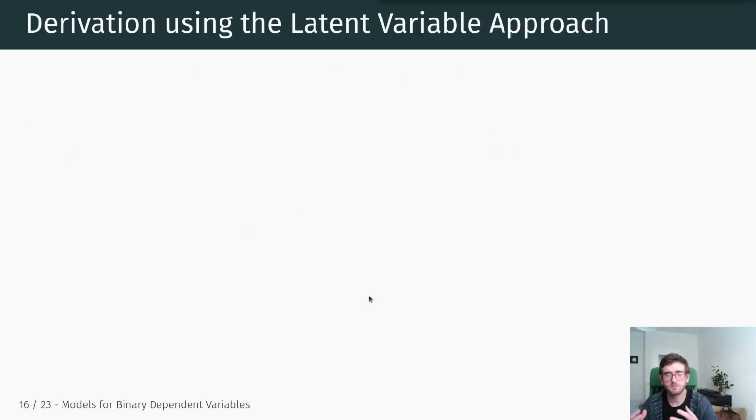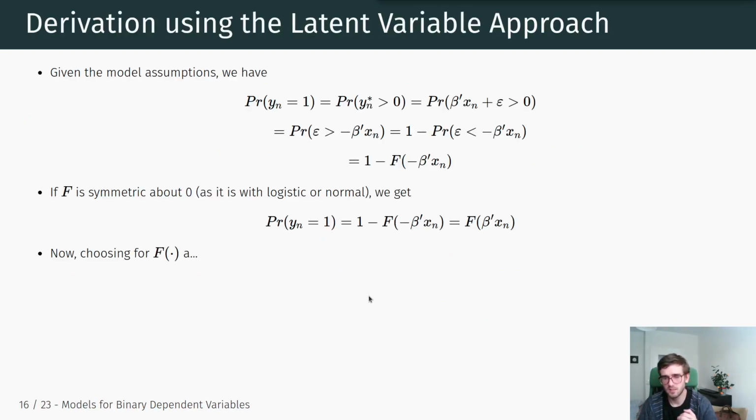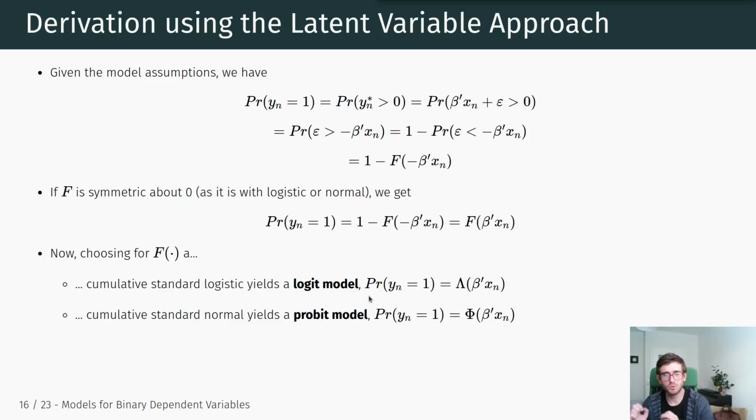And depending on what assumptions we make about this underlying latent construct, we again end up with the logit model and the probit model, the same way we ended up with those two models by going through the logic of specifying a link function in our first conceptualization of both models.